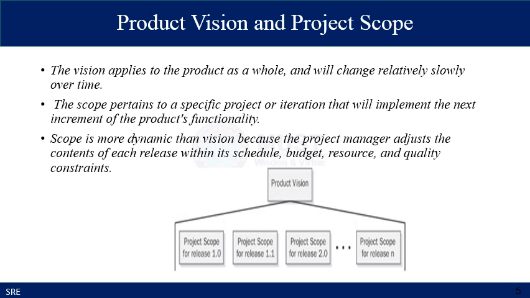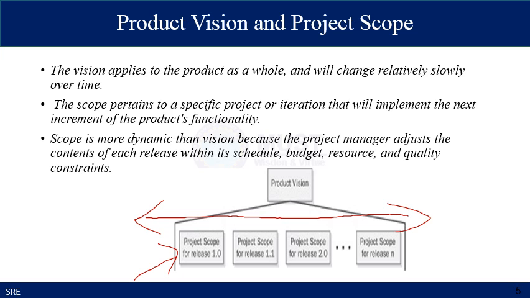So as the diagram depicts here, the project vision is on the whole project releases, and it remains consistent with each release with a very small amount of change. On the other hand, project scope is directly related to each release.